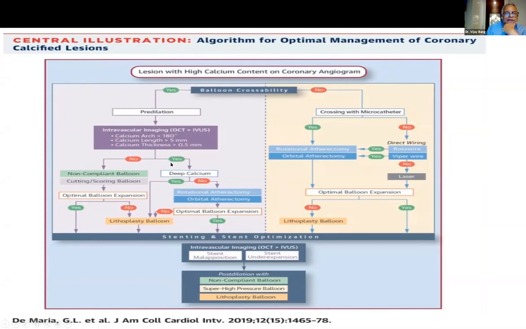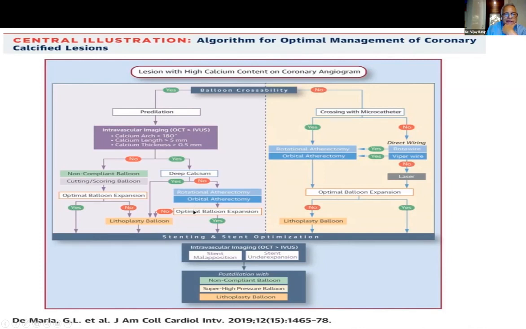If you find deep calcium in the intima and media, then straight away consider lithoplasty. If you have only intimal calcification with a 180-degree arc, more than 5 millimeter length, and 0.5 millimeter thickness, then you consider rota or orbital atherectomy.